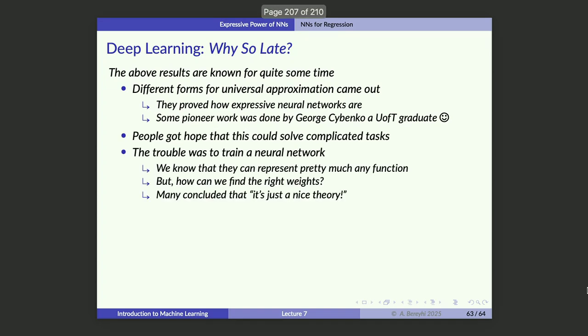But the key point here was that once people saw this universal approximation idea, they had the feeling that, okay, these units, these neurons, the computational units, are very capable of doing what we want, but how can we make them do that? How can we find those weights and biases inside this architecture to work like that?